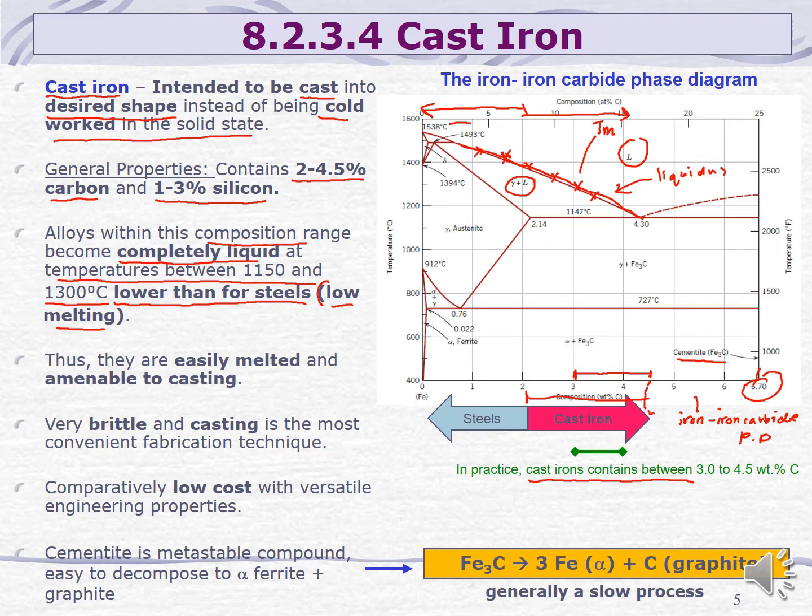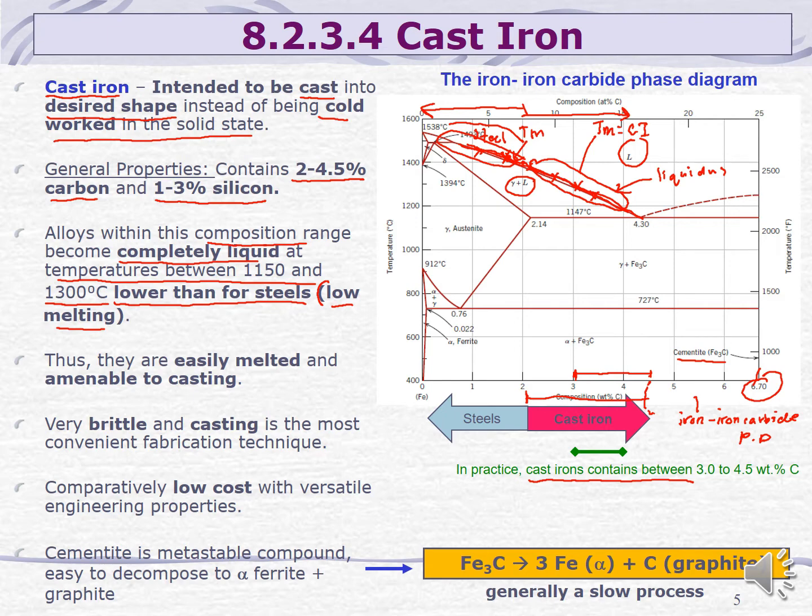So this is the area of steel, where you can see the melting temperature is higher than the cast iron. So this is the cast iron region. This is the steel region. You can see the melting temperature for the steel is higher compared to the melting temperature for cast iron. Okay.